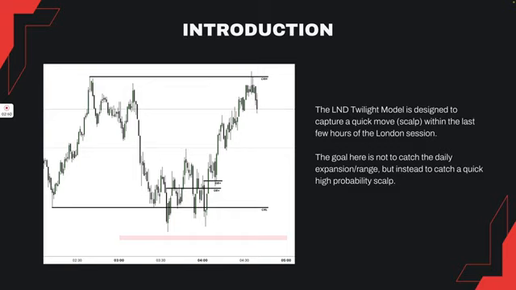We are not going for home runs, rather we are aiming for specific trades. Right? We want very high probability setups, and the most high probability setups will be quick scalps.